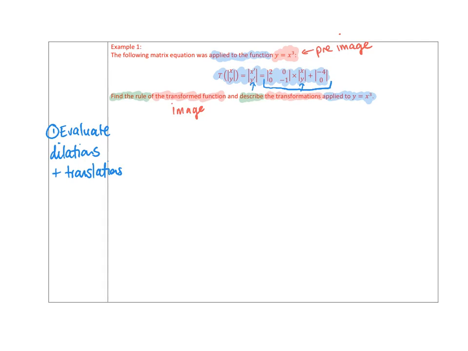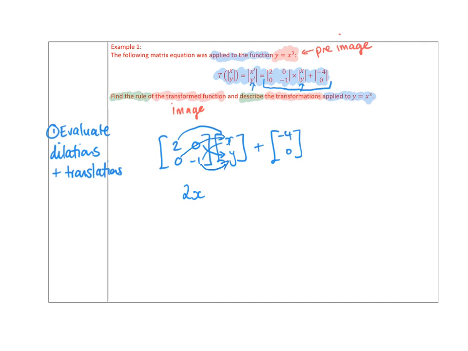We've got 2, 0, 0, negative 1 times x, y, plus negative 4, 0. So if we multiply this, we'd get 2 times x plus 0y, so that would be 2x, and 0 times x minus y, so that would be negative y.